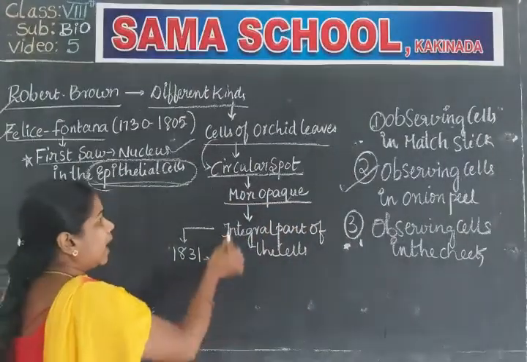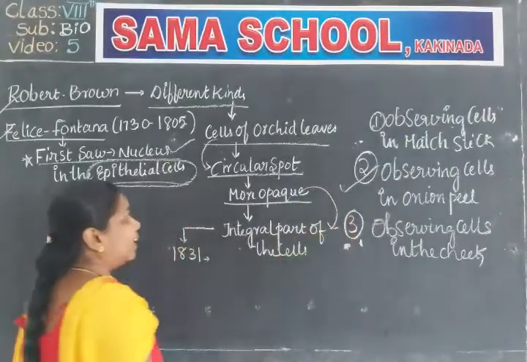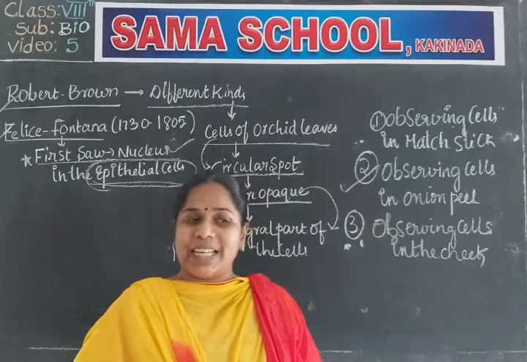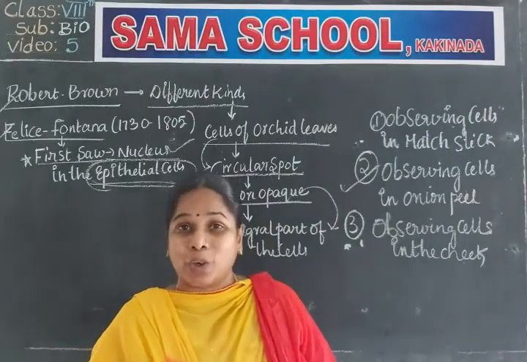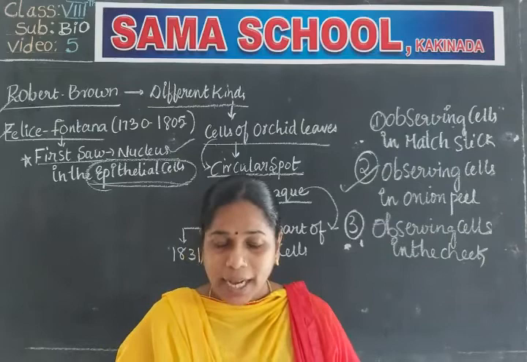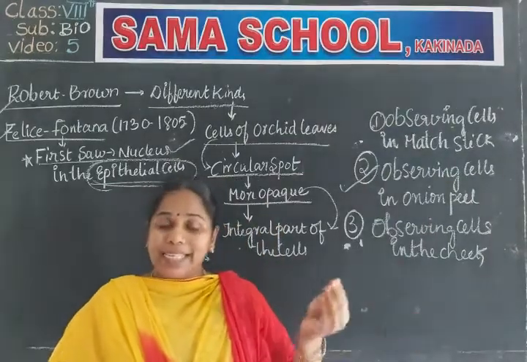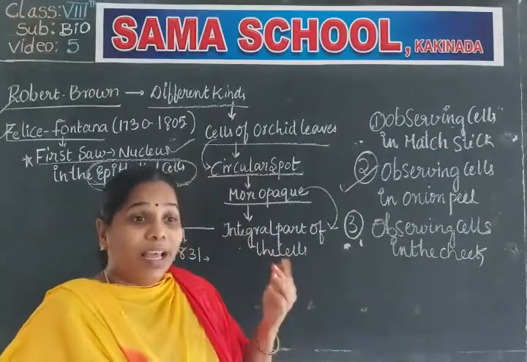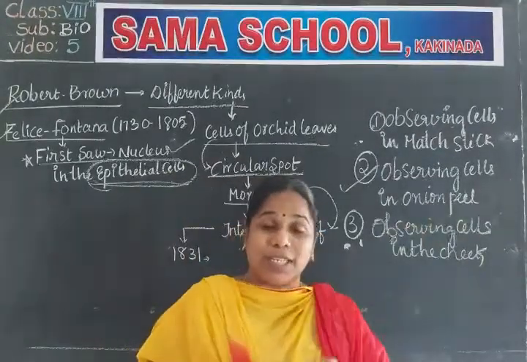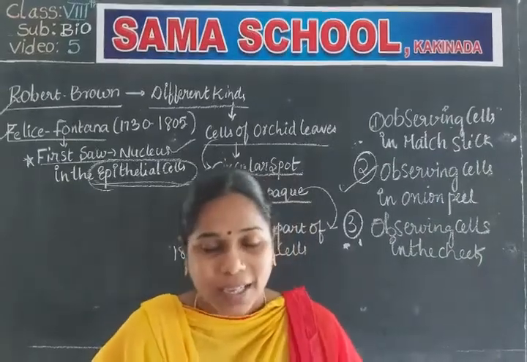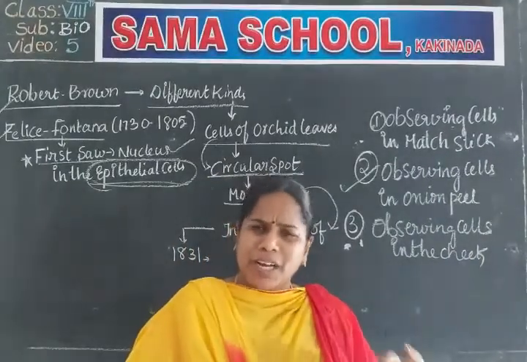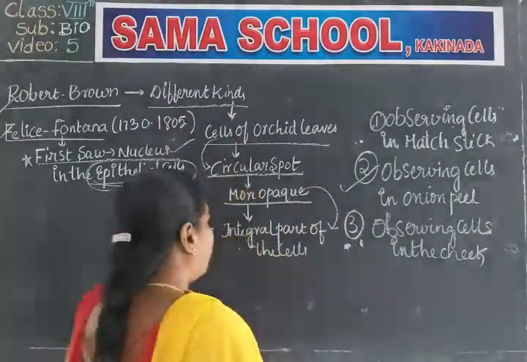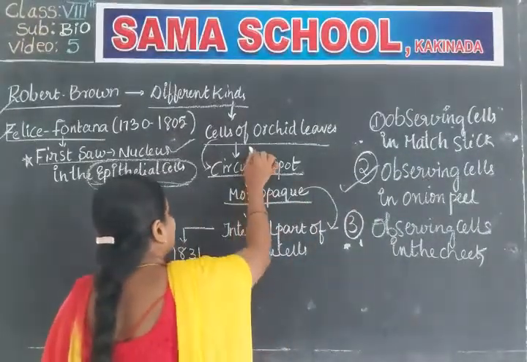Then he used the word integral part of the cell, the most important part of the cell. He was very anxious to see whether this type of structure is present in all other different cells. Yes, when he observed different kinds of cells, he observed that this type of organelle is present.